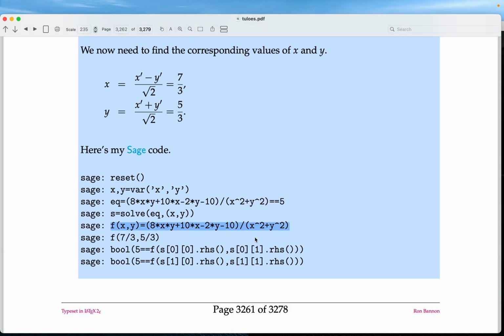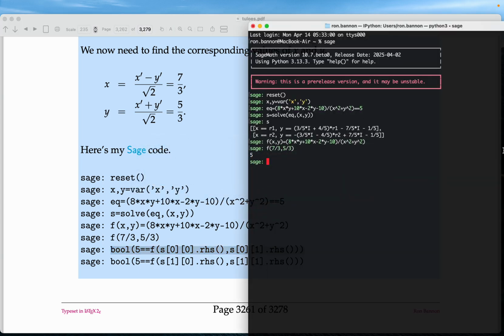Now, of course, what I want to do is what's called a Boolean. I'm saying, is 5 the same thing as evaluating the function where the solutions have been found? And I want to restate what S0 is. S0 is this thing over here, and this is S1, all right?